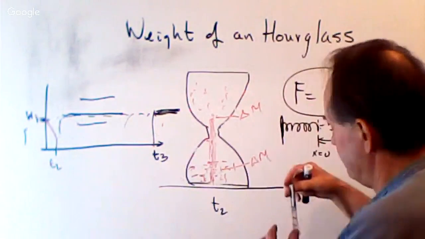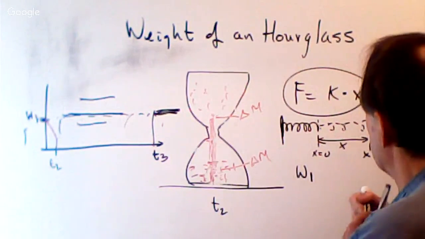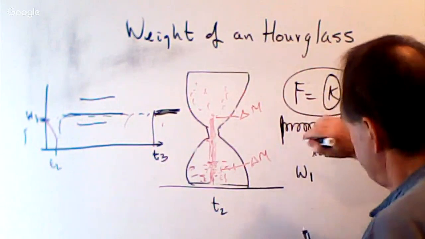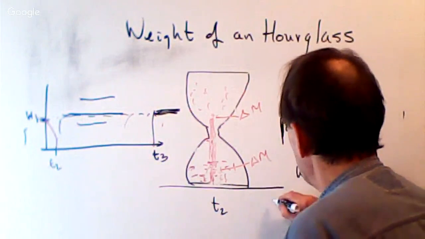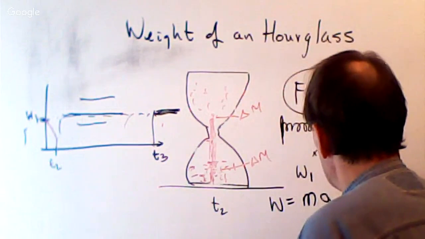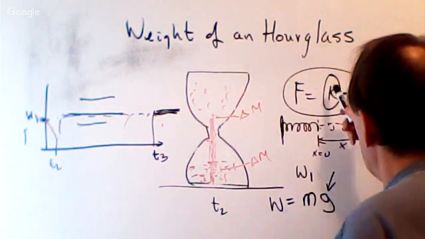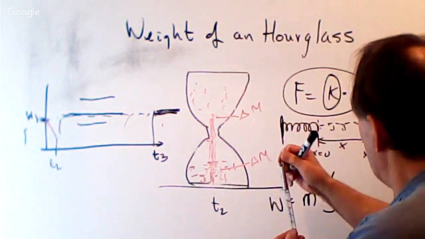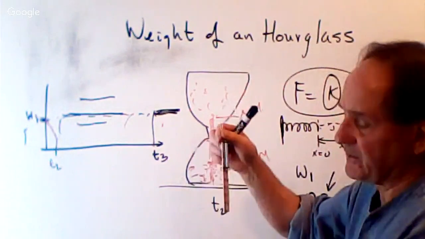By calibrating with the weights, I can determine the spring constant k by attaching various masses, because the force on the spring is equal to the weight of the mass, and the weight of the mass is mg, knowing the gravitational acceleration here on the surface of the Earth. You can calibrate the spring and determine the spring constant by attaching various masses and measuring how much the spring stretches.